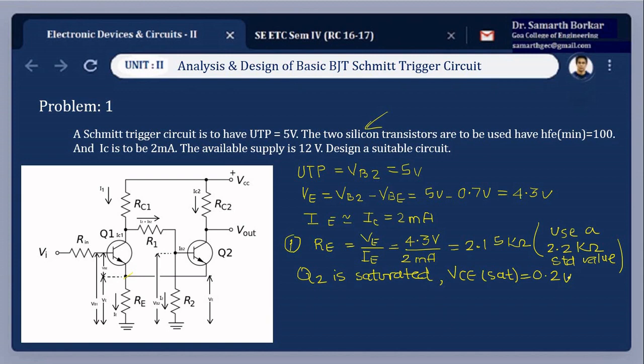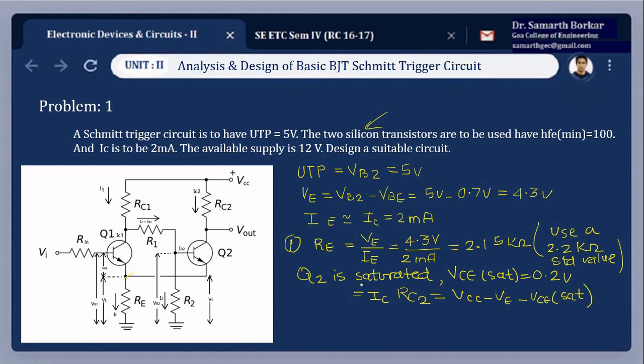Now what will be the voltage drop across RC2? The voltage drop across RC2 will be IC into RC2, which equals VCC minus VE minus VCE sat.